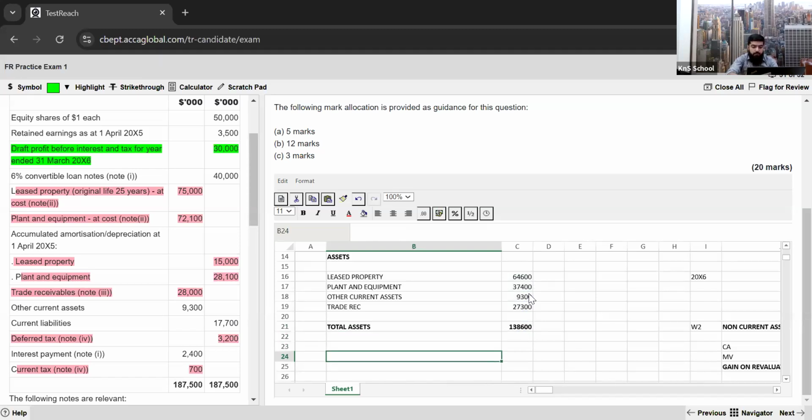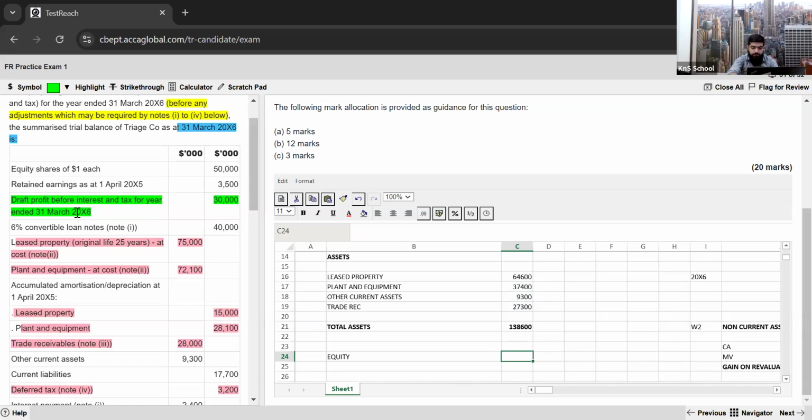Now let's move on towards the equity side. In equity, we have equity capital, which is already given, that is 50,000. Another thing is retained earnings. Please remember, the opening retained earnings balance given here is 3,500.